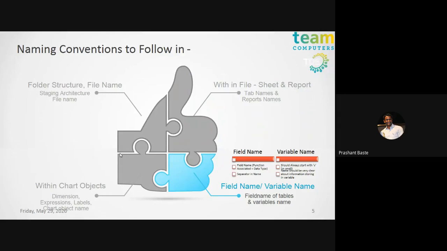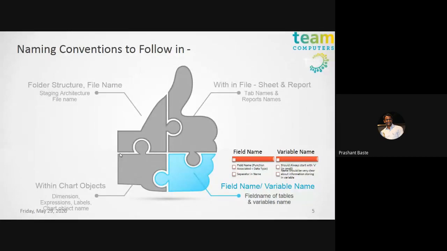So this is all about the file level. When we come to the file level, there are two different things: one is the front end, one is the back end. The back end is the part where you are writing all these scripts. If your script is properly readable, it is very helpful for any person, not only you as a developer, but anyone who has to work with that script or the QVW or QVF file.